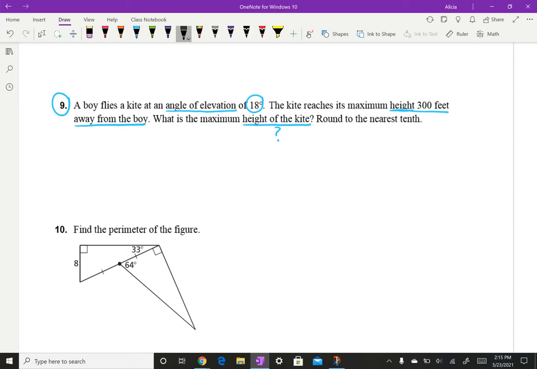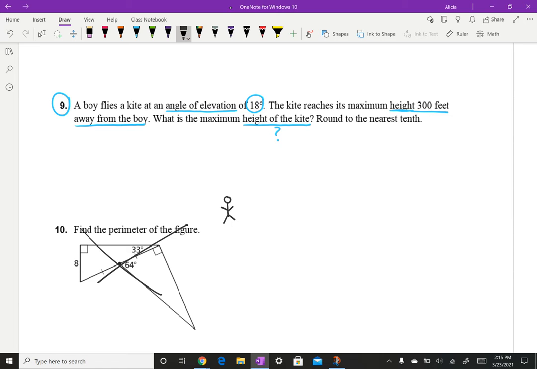First thing you're going to want to do is draw yourself a picture. So that's what I'm going to do first. I'm going to draw my little person here. I'm not going to do number 10, so we can cross that out and use that space if you need it. So here he is, and he's flying a kite.